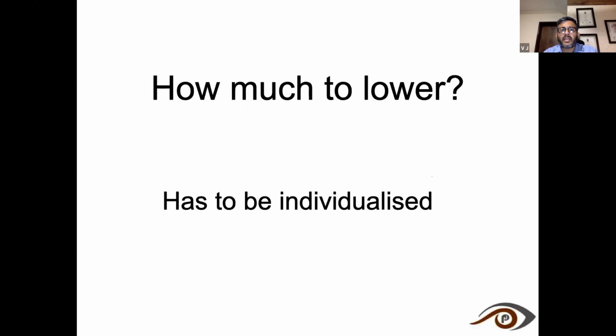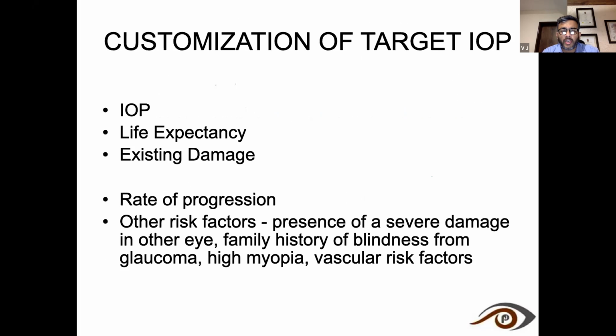So as I mentioned earlier, how much to lower, that is the target pressure, has to be individualized. The three main factors that we should take into consideration are the initial intraocular pressure, that is the pressure at which they are first diagnosed, the pressure at which damage has been documented, life expectancy of the patient, and pre-existing damage at the time of diagnosis.